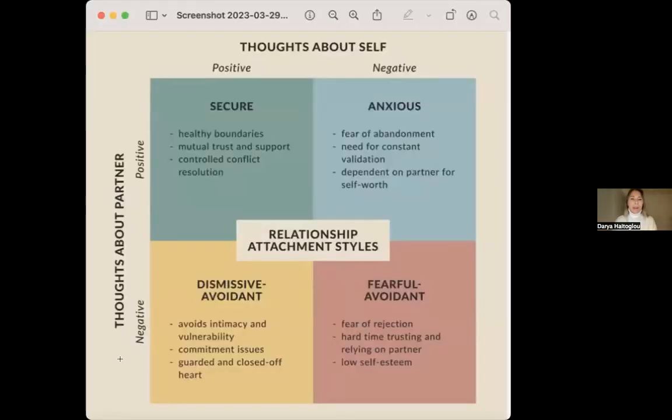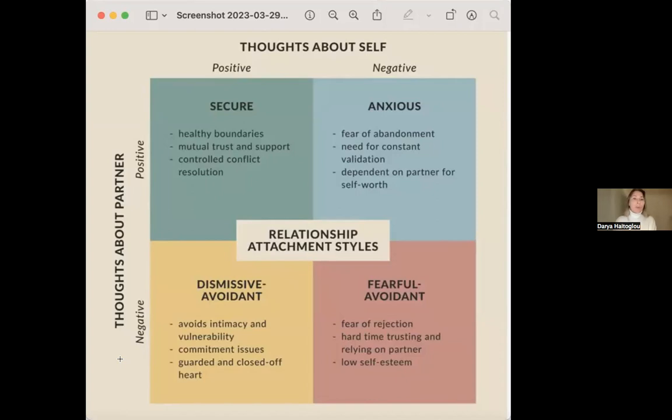Here we go. That shows secure, anxious, avoidant, and then fearful avoidant or dismissive avoidant. On the horizontal line you have thoughts about the self, on the vertical line you have thoughts about the partner. You see the four different quadrants: negative, positive, positive, negative.